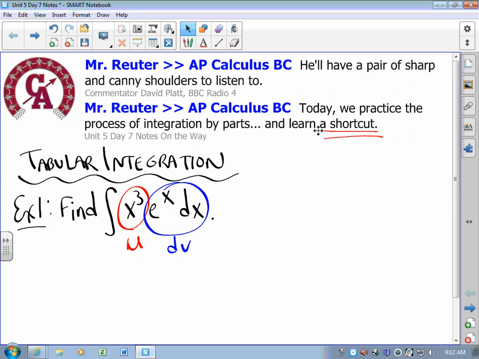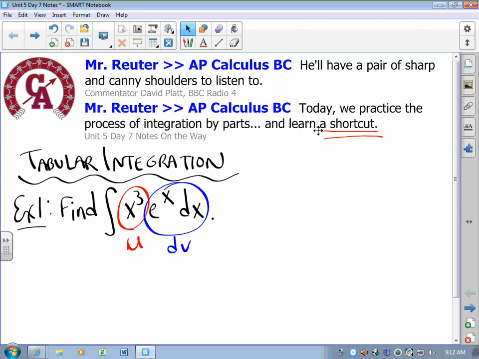There'd be some integral with a 3x squared dx in it, and we'd say, well, I don't know how to do that, but it's better than what I had before. And so we'd do another integration by parts, and we'd get some integral with a 6x dx in it, and we'd say, well, I don't know how to do 6x e to the x dx, but it's better than what I had before, so I'd do it again.